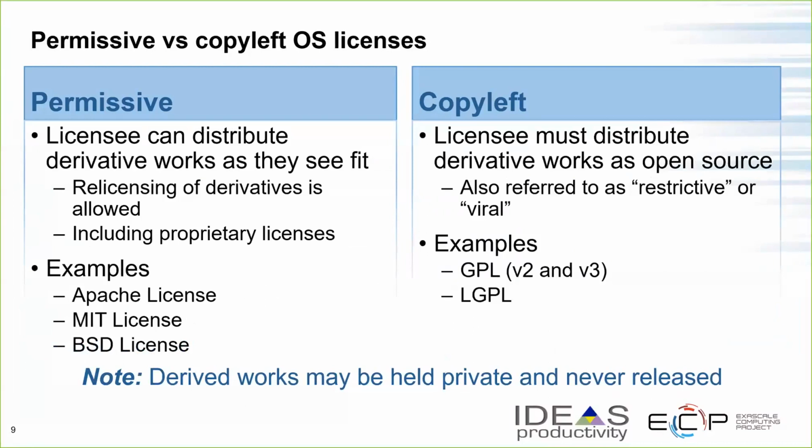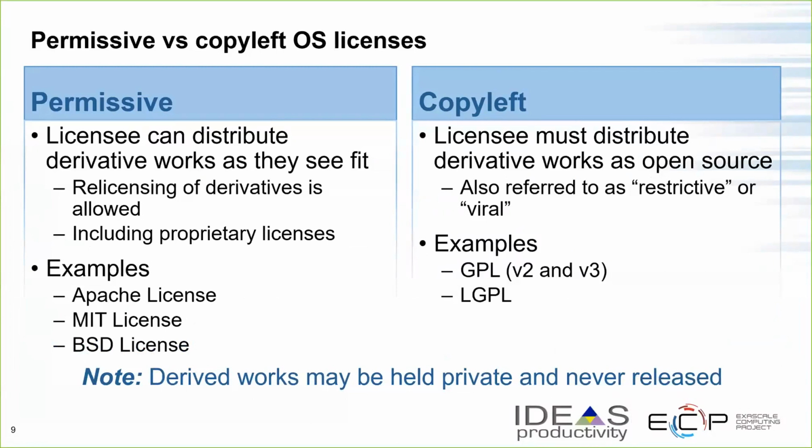That includes the possibility of relicensing those derivatives. We'll talk a little bit more about that. And you could relicense, in principle, something into a proprietary licensing scheme. So some examples of licenses you've probably heard of that are considered to be permissive include Apache, MIT, and BSD.